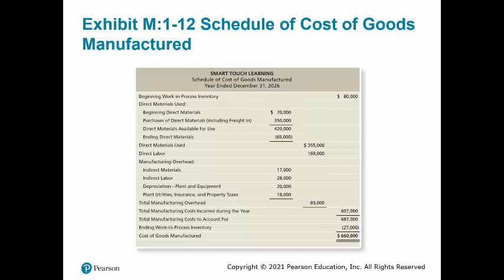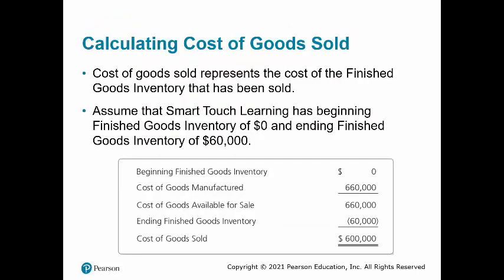And last, we calculated the cost of goods manufactured. So this just gives the users of the financial statements, or the managers, the detail on the calculation of cost of goods manufactured. We will use cost of goods manufactured to calculate cost of goods sold on the income statement.